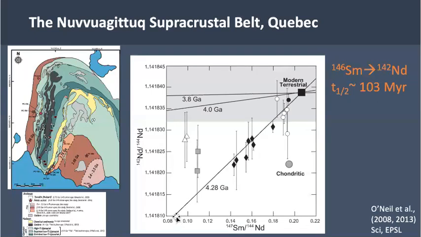And what you can see for these rocks, what Jonathan O'Neil and colleagues have found, is that these ones here, which have the filled-in diamond symbols, are relatively mafic rocks from this unit that are not zircon bearing, so we can't date them directly. But luckily, lines in this diagram have age significance. And so this line that's fit through these in the modern Earth has a slope corresponding to an age of about 4.3 billion years old. And so this has been interpreted to indicate that these rocks are 4.3 billion years in age.